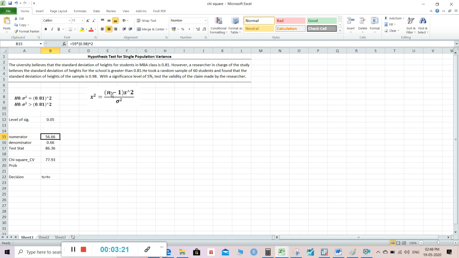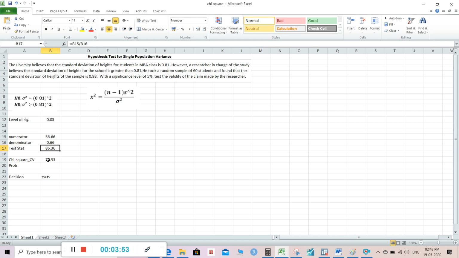That will be your numerator here, and the denominator is nothing but the population standard deviation squared, that is the population variance. So that is 0.66. If you divide this value by this value, you will get the test statistic, and that is nothing but 86.36.